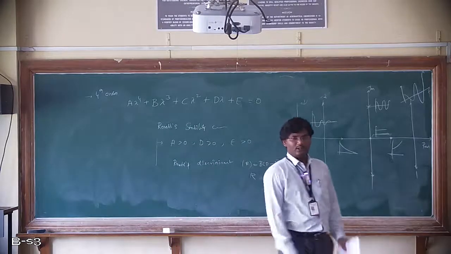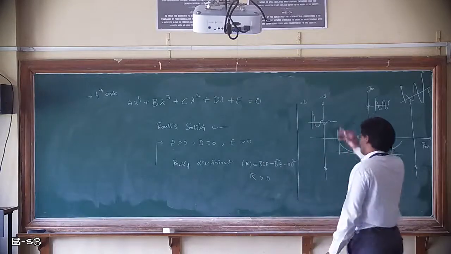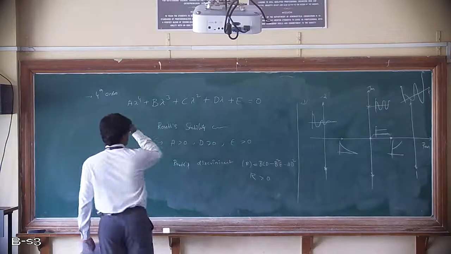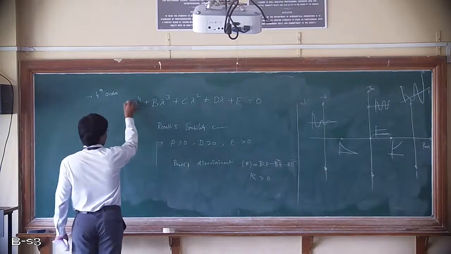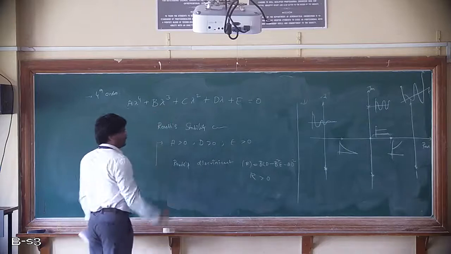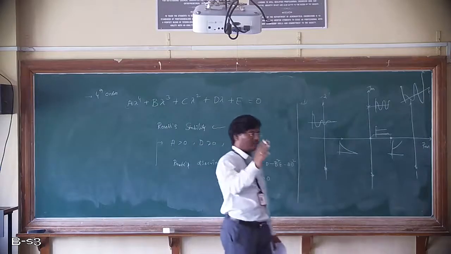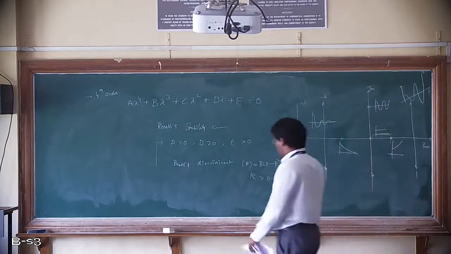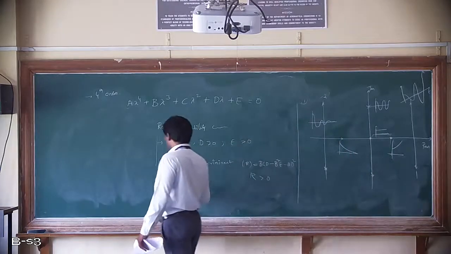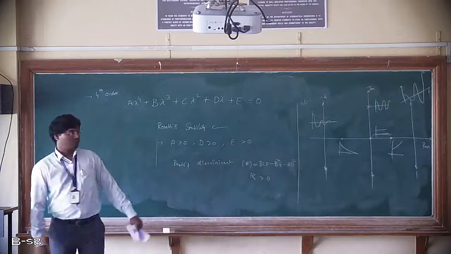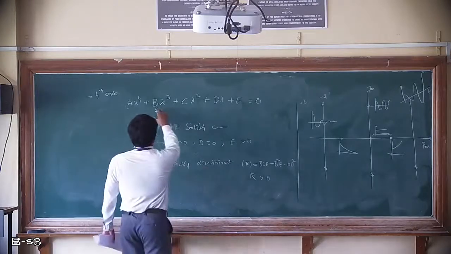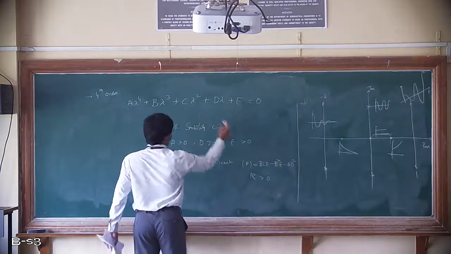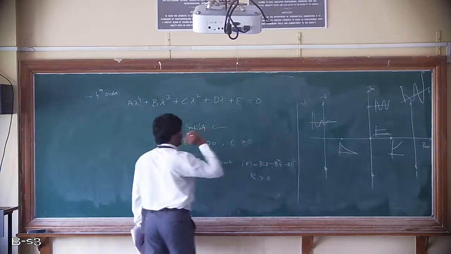The first condition is that your coefficients A, D and E, these three, should be positive real numbers. The second condition is this Routh discriminant: R is nothing but BCD minus B square E minus AD square.